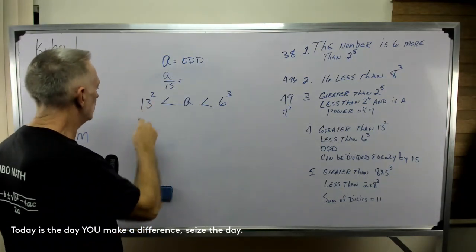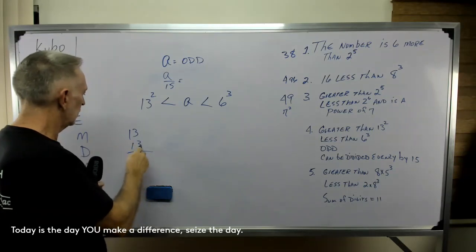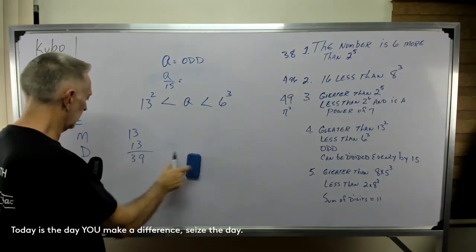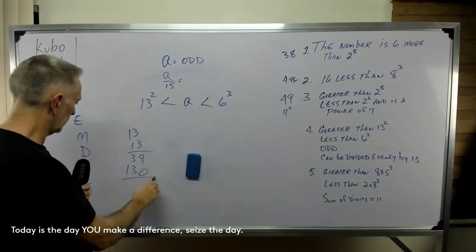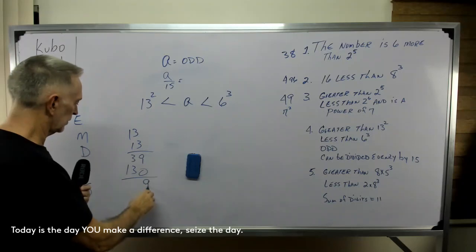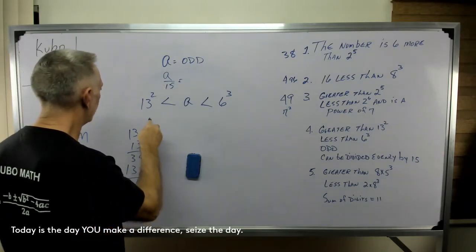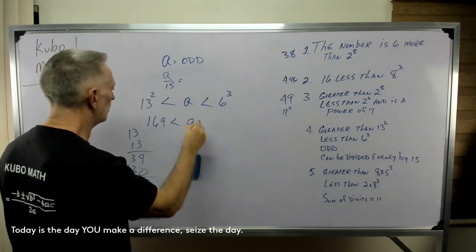Okay? Well, first, what's 13 times 13? 3 times 3 is 9. 3 times 1 is 3. Bring down the 0. 1 times 3 is 3. 1 times 1 is 1. 9 plus 0 is 9. 3 plus 3 is 6. So I have 169. So 169 is less than this number.